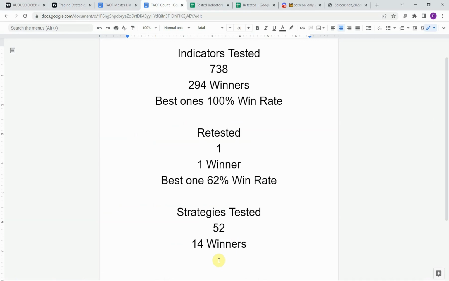The best ones so far were able to achieve a 100% win rate. Now you need to go back and watch those videos to understand the context of how they were able to achieve that. We have also retested one indicator at this point in the advanced retesting stage, and it was a winner, and it achieved a 62% win rate. And keep in mind that we test most of these strategies and indicators on the Forex market, but they can be applied to just about any market universally.